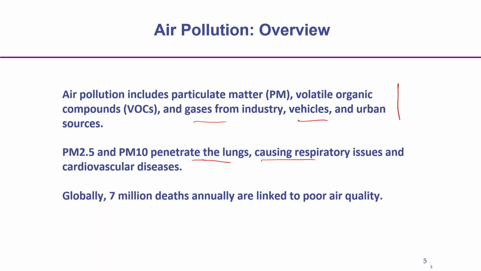Globally, 7 million deaths occur annually which are linked to poor air quality. Due to air pollution, lifespan also reduces, and a large number of deaths are related to poor air quality.